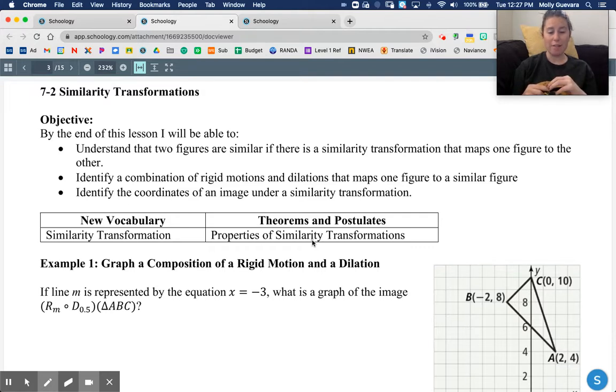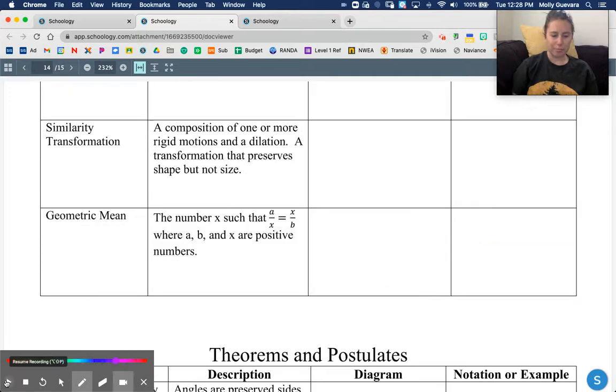So we have a new vocabulary term today, which is similarity transformation. And then we're also going to look at properties of similarity transformations. So both of these are going to be in the back of your packet. So let's go ahead to that terms page and find our vocab for today, which is similarity transformations.